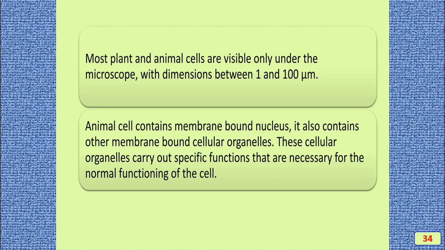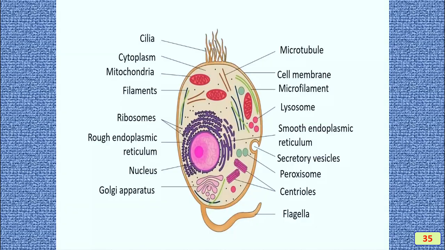Most plant and animal cells are visible only under the microscope, within the dimension of 1 to 100 micrometers. The animal cell contains a membrane-bound nucleus and other membrane-bound intracellular organelles, and these cellular organelles carry out specific functions that are necessary for the normal functioning of the cell.